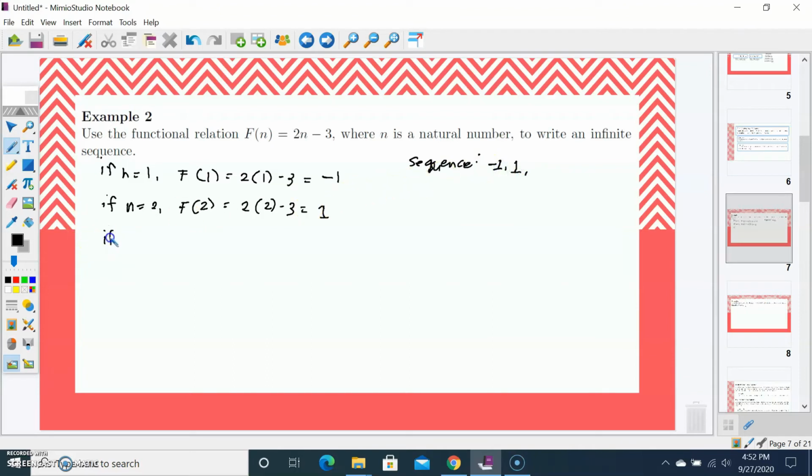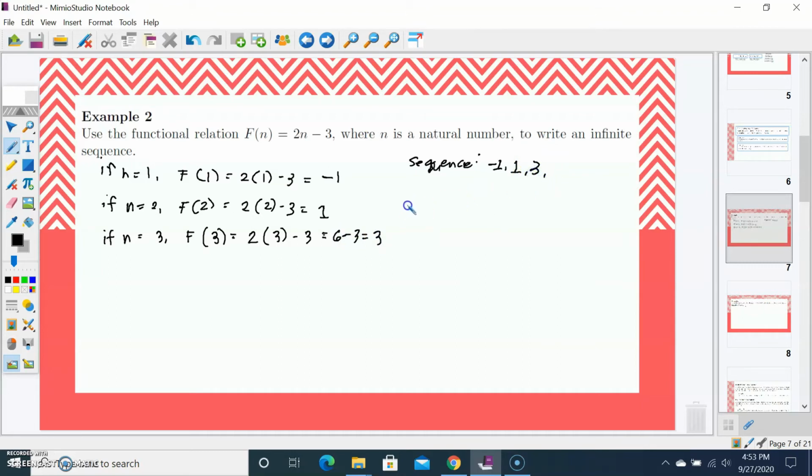Next, if we let n be equal to 3, then we have f of 3 is equal to 2 times 3 minus 3, which is 6 minus 3, which will give us 3. So the third term is 3.